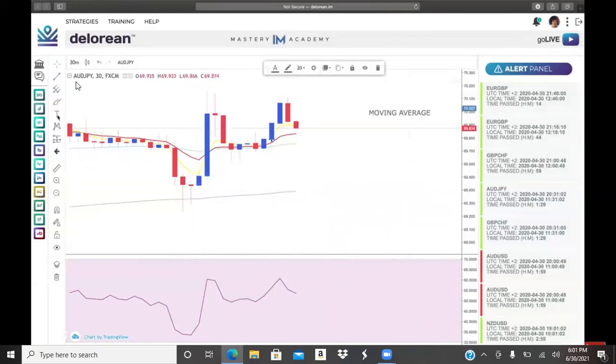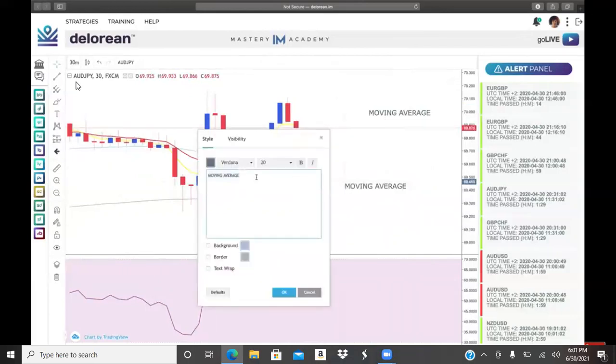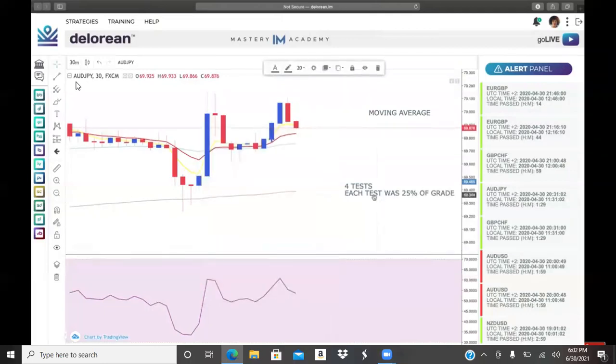If you were to take a college course like me with some of those instructors, we had 4 tests, and each test was 25% of the grade. So if you have this example, 4 tests, each test was 25% of the grade, and you fail one of the tests, what do you think is going to happen to your grade? It's going to drop very sensitively.